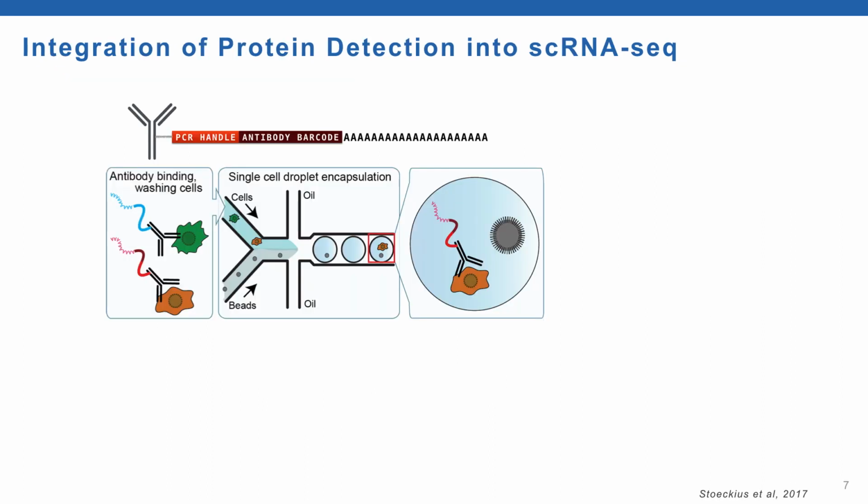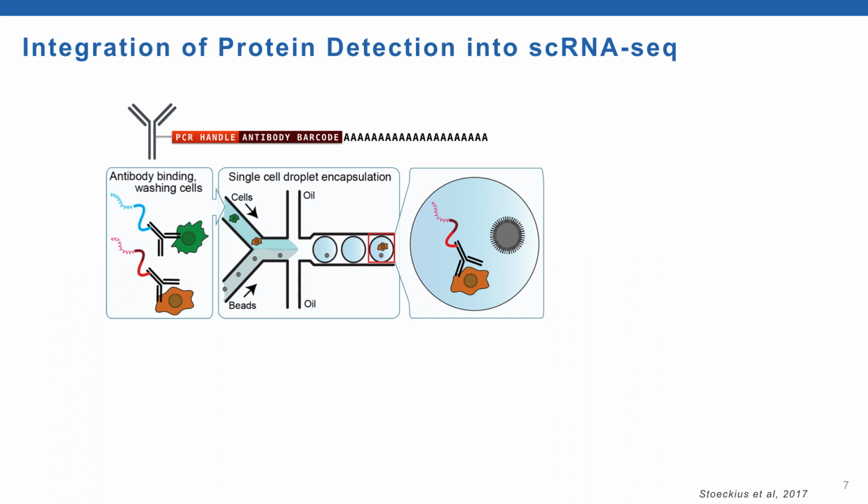So this is how a CITE-seq workflow looks. Again, your key reagent here is this antibody with the oligo. You stain cells with these oligo-labeled antibodies, you wash to remove unbound antibodies, and then you encapsulate into a droplet. In this case, shown something like a DropSeq or a 10x Genomics method.